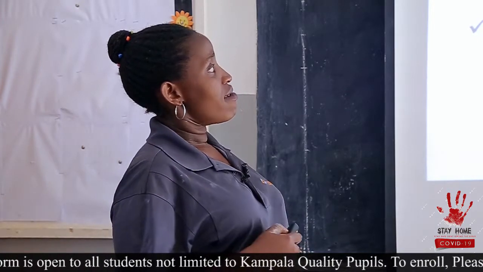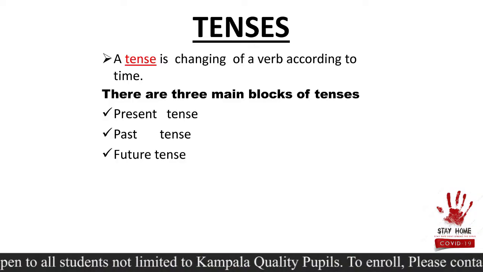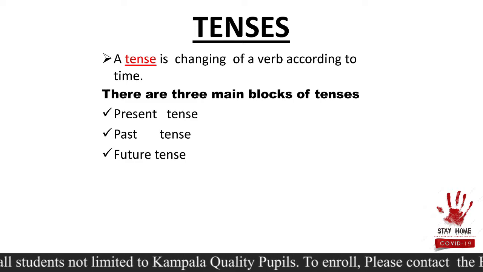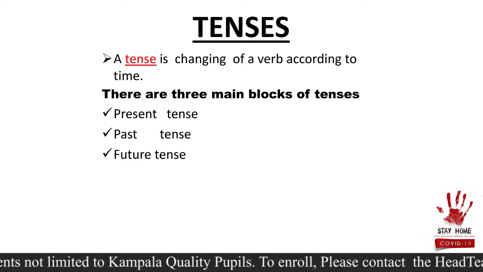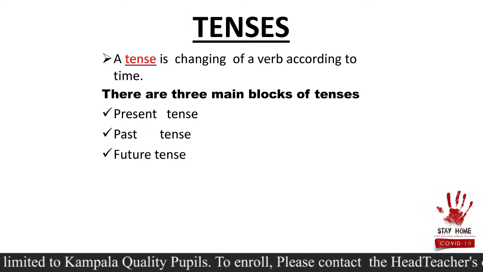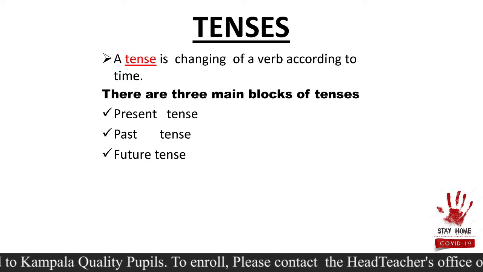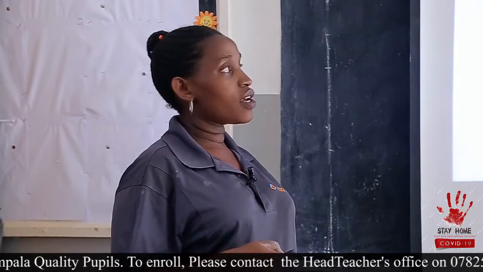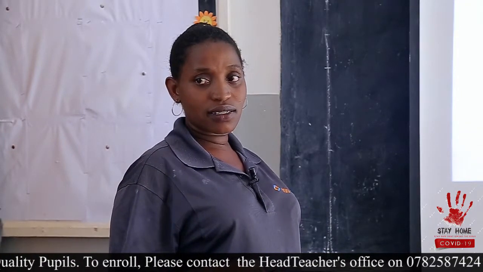So we say there are three main blocks of tenses. And the first one is the present tense, the tense which is happening, or which takes place every day. In P2 or P1, I know that teachers said this tense and they called it the everyday tense.